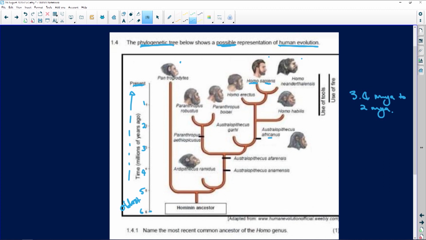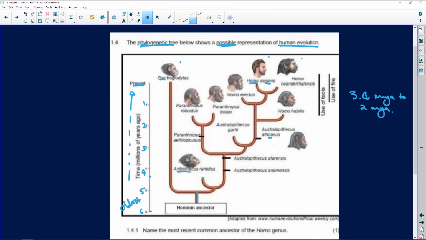Alrighty, now, what else? We started with our hominin ancestors. There was this split, and then we end up with Pan, which is your chimpanzees. Then we have the split here, and here we have Ardipithecus, which died off about here, probably about 4.4 MYA.